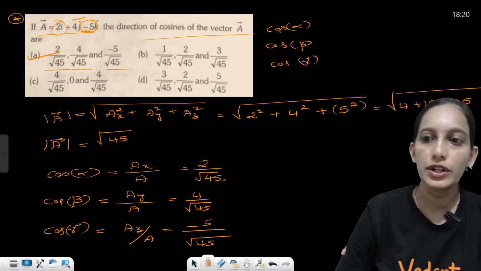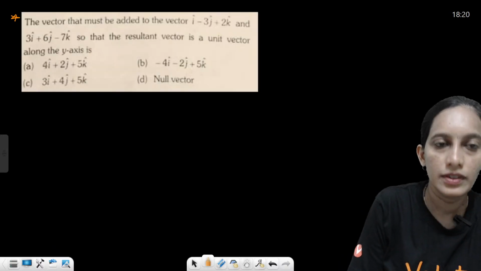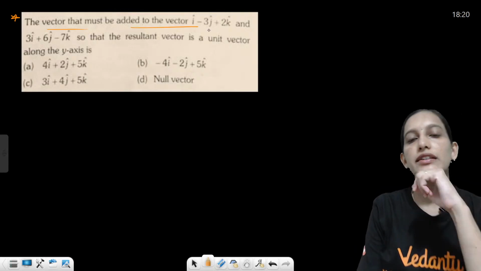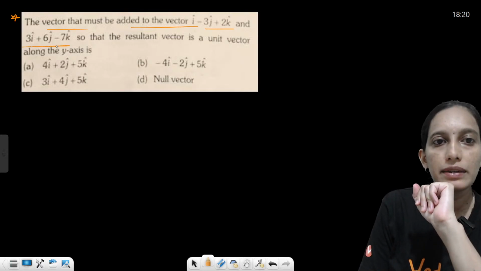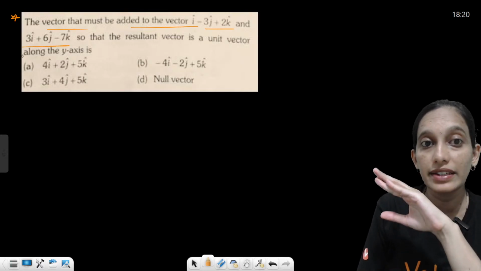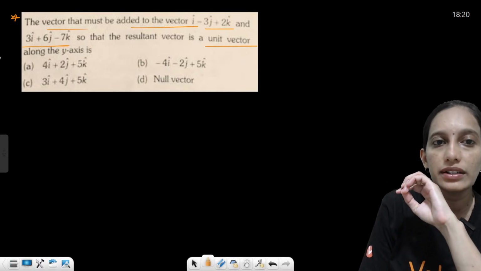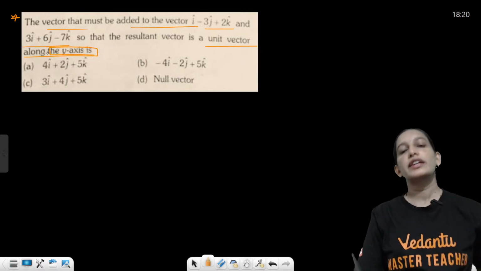So next question. The vector that must be added to the vector i cap minus 3j cap plus 2k cap and 3i cap plus 6j cap minus 7k cap, so that the resultant vector is a unit vector along y-axis. Okay, so this is very important.